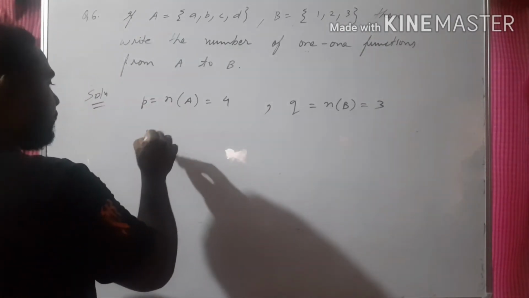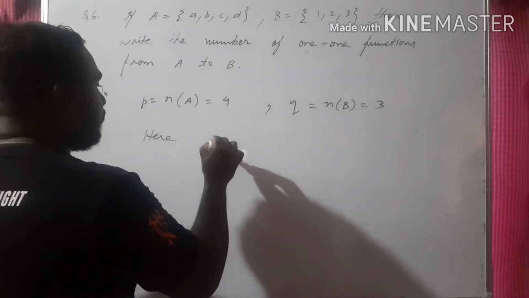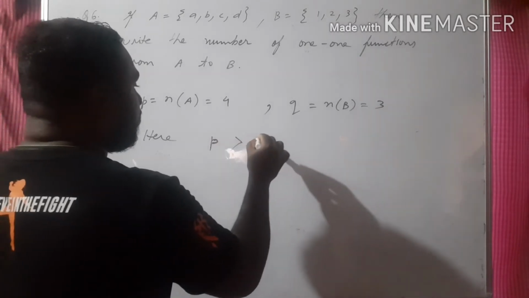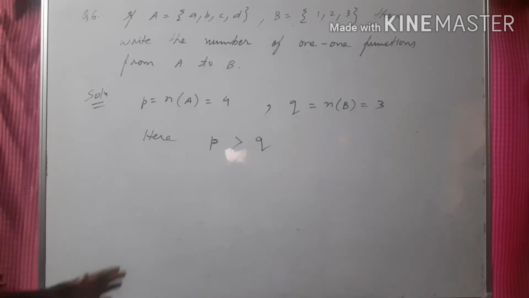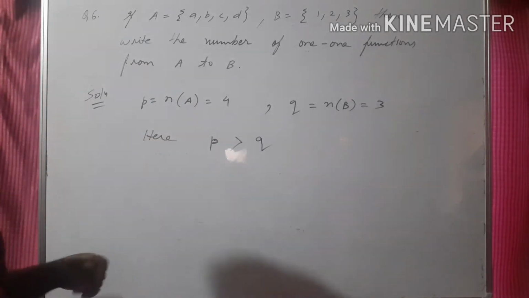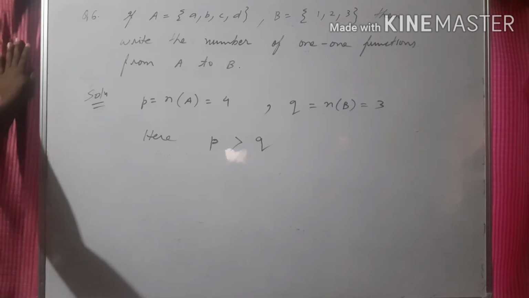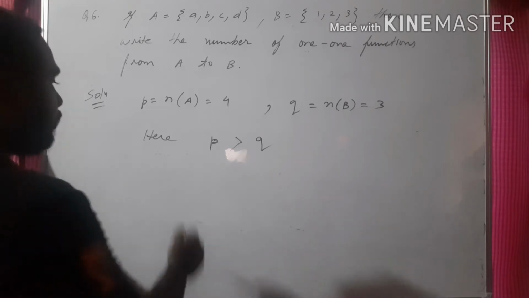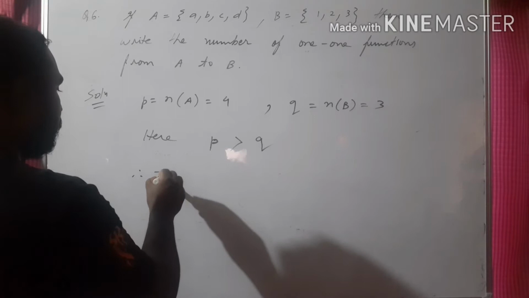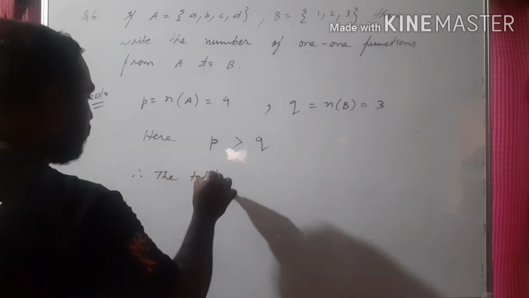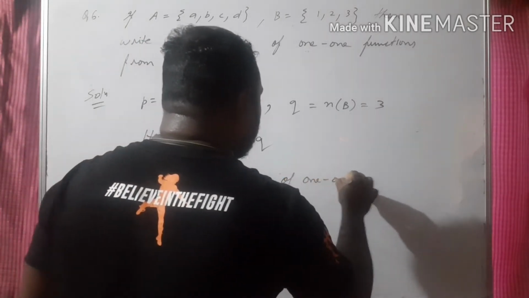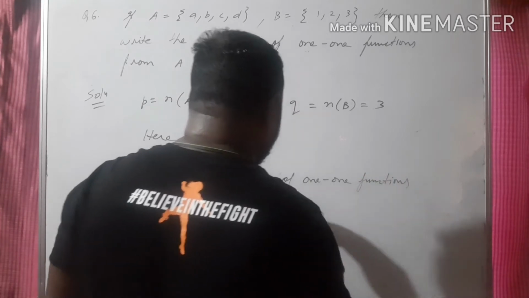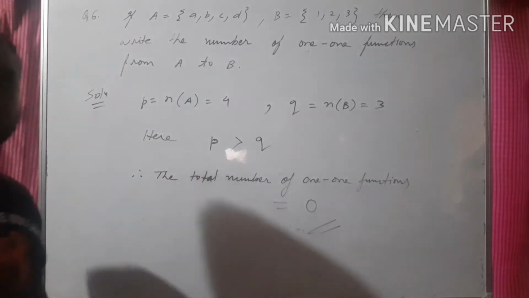So the cardinality of A is greater than the cardinality of B, and whenever set A is greater than set B, 1-1 functions are not possible. I have discussed this in the last video. Therefore the total number of 1-1 functions will be 0.